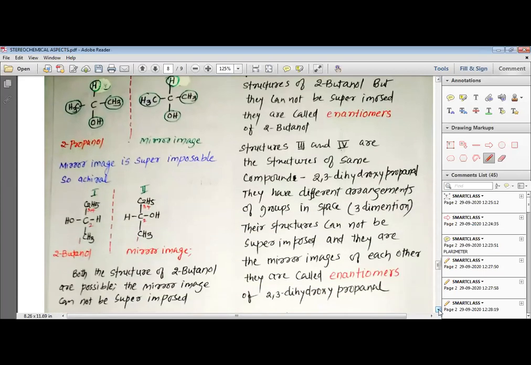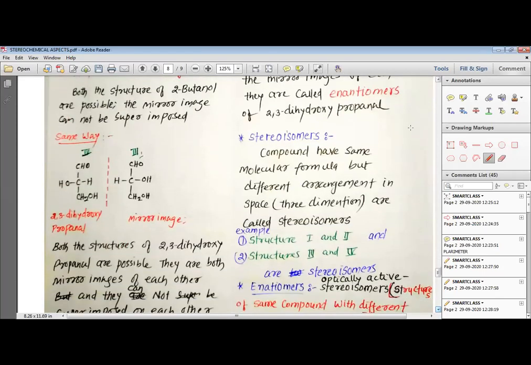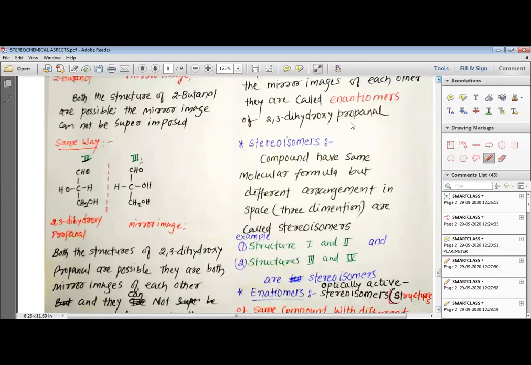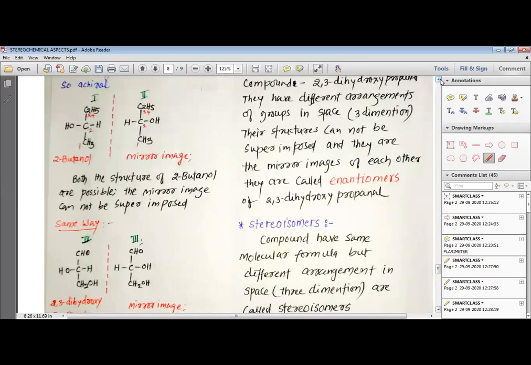Now look at these structures. I am talking about structure 1 and structure 2. Structure 1 and structure 2 cannot be superimposed on each other, but can we say that 2-butanol may have OH on the right side and H on the left side?